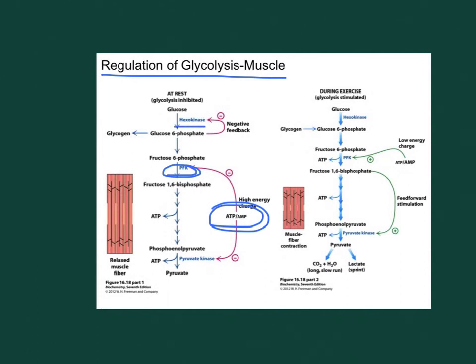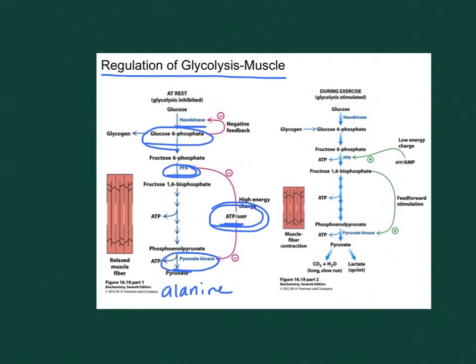Then we looked at hexokinase, which is inhibited by its product, glucose 6-phosphate. In the muscle, we have pyruvate kinase, which is also inhibited by a high ATP to AMP ratio. And it's inhibited by alanine, which is not included here.